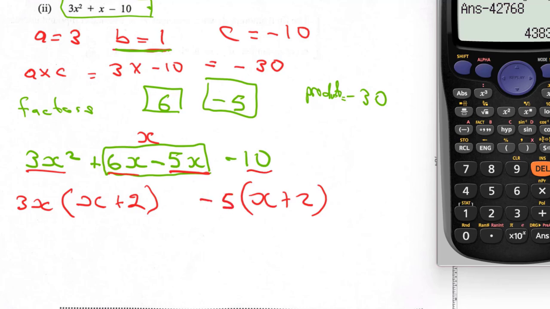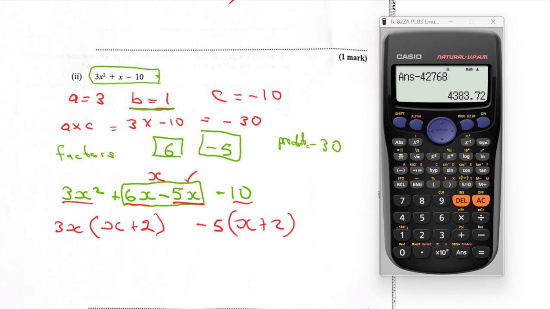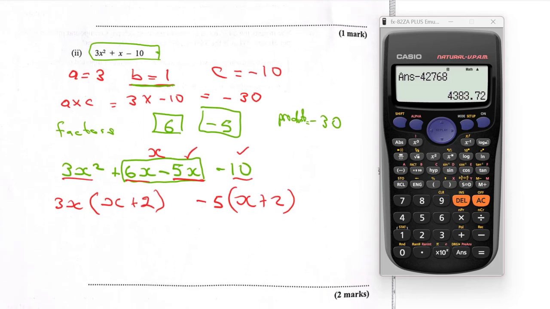So if I put minus 5 here, you notice if I multiply negative 5 by x, I'm going to get negative 5x. And if I multiply negative 5 by 2, I'm going to get minus 10. So there I'm good. Now, what is common to these two terms here? x plus 2.